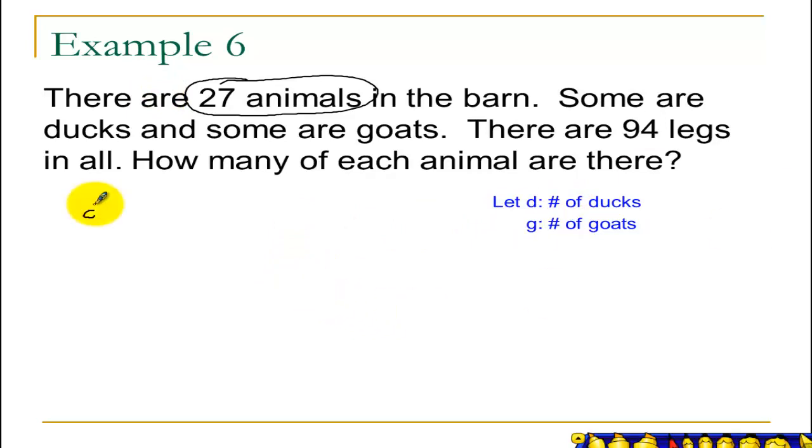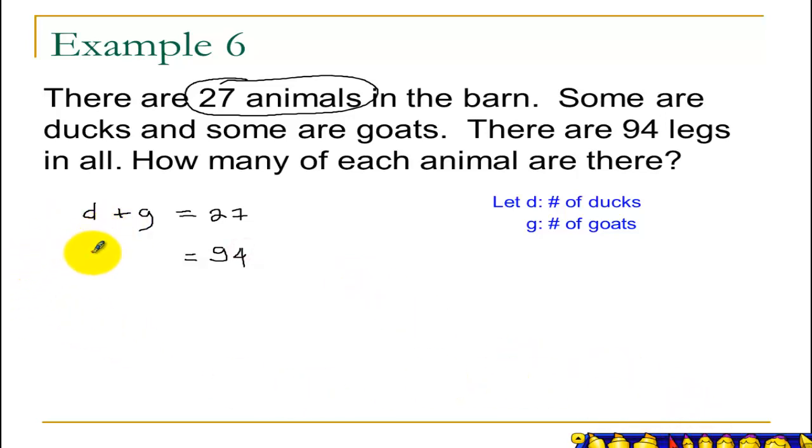So that's d plus g equals 27. We know that we only have ducks and goats in the barn, so when you add those two groups of animals, it should be equal to 27. Now we have 94 legs in all.